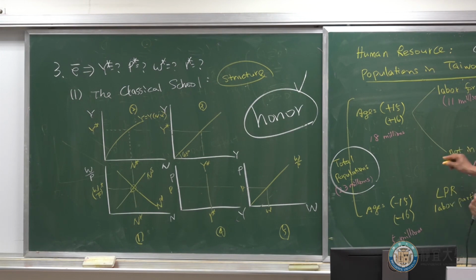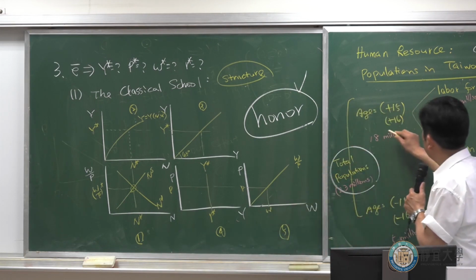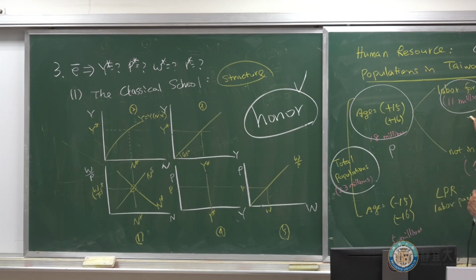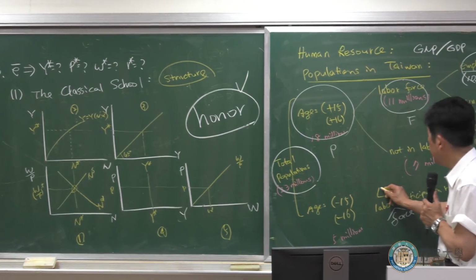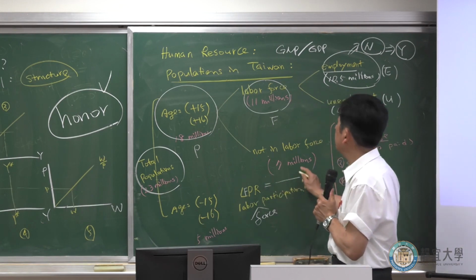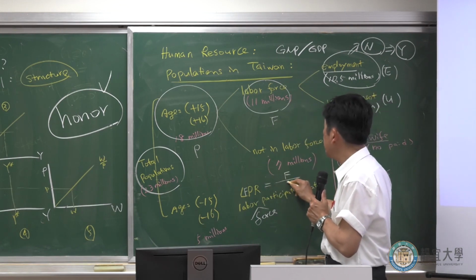For example, let P represent the population, F the labor force, E the employed, and U the unemployed. When we want to calculate the labor force participation rate, LFPR, this is equal to F divided by P.